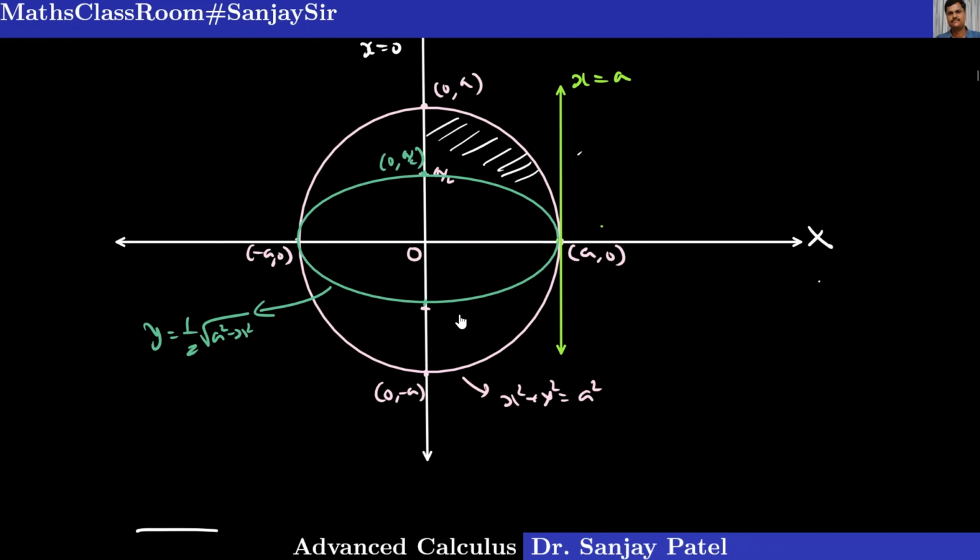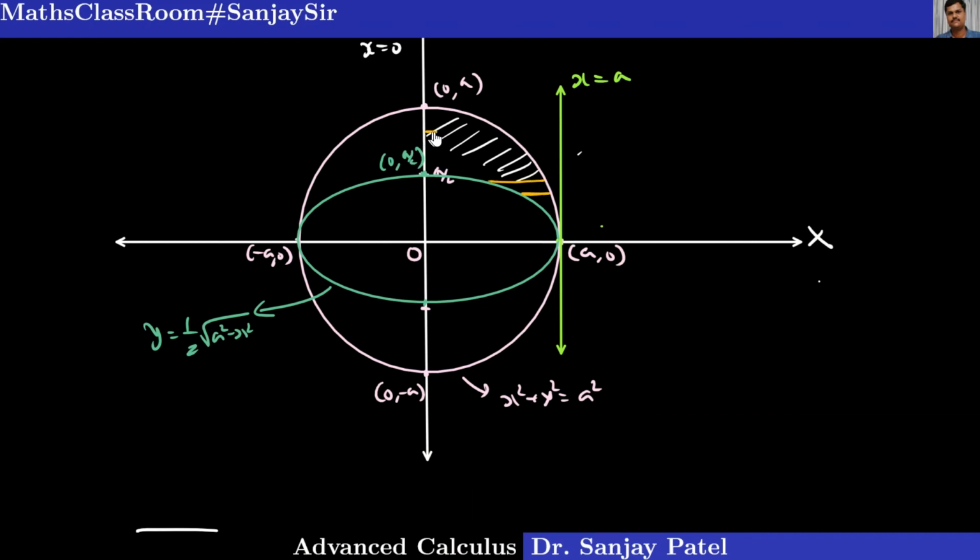So we take an arbitrary strip parallel to x-axis in this region of integration. So if you take a strip parallel to x-axis, say somewhere here, then the left hand curve and the right hand curve are the ellipse and circle respectively. If we take a strip over here, then also the left hand curve is ellipse and the right hand curve of this strip is circle.